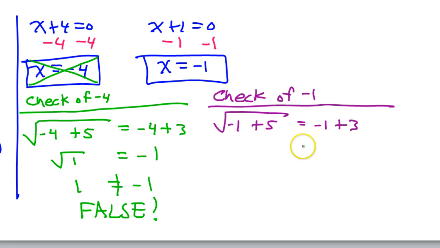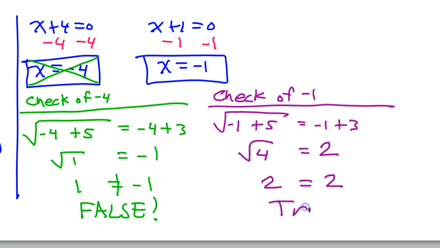So this one is looking more promising because this time I'm not getting a negative over here, which was the problem on this one. So that's going to make 2, which is fine. And then that's going to make the square root of 4. And the square root of 4 is 2. So 2 does equal 2. Okay, that's true. So that one is okay. So x equals negative 1 is our one and only solution.